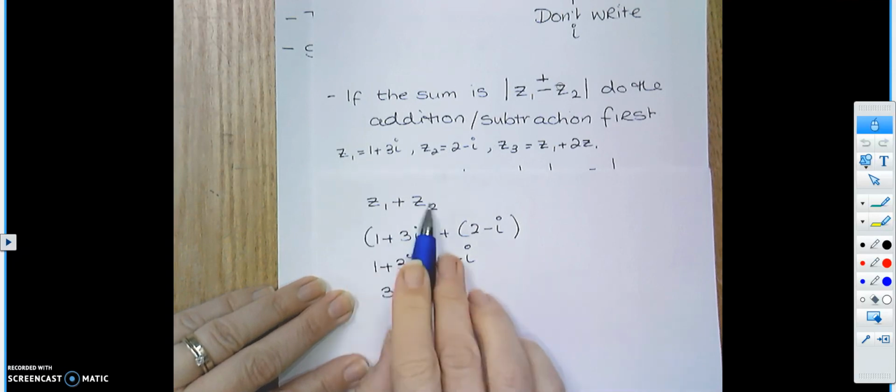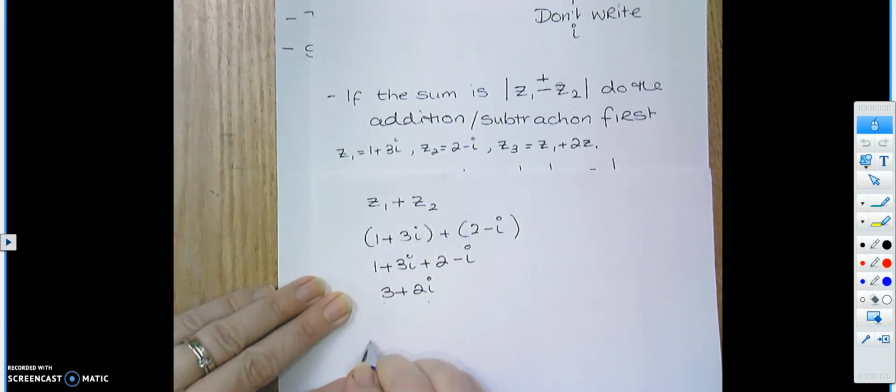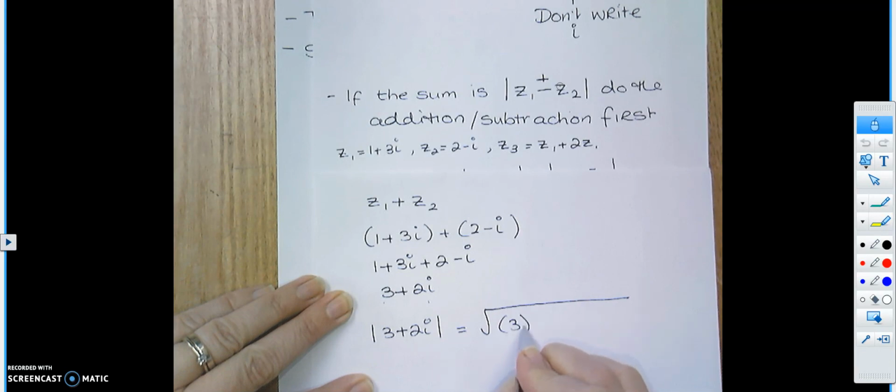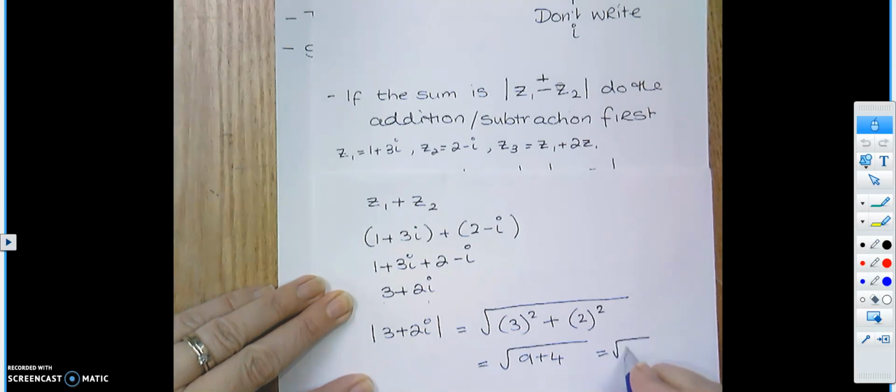So for z1 plus z2, we're getting 3 plus 2i. The modulus of that means you're getting 3 squared plus, it's always a plus, 2 squared. So you're getting 9 plus 4, which is root 13.